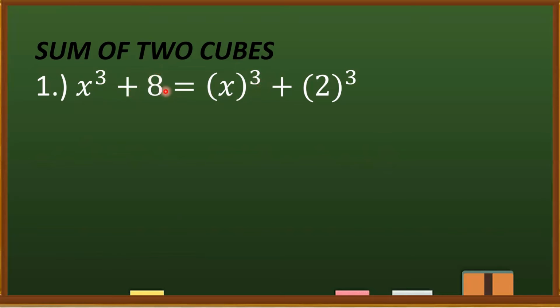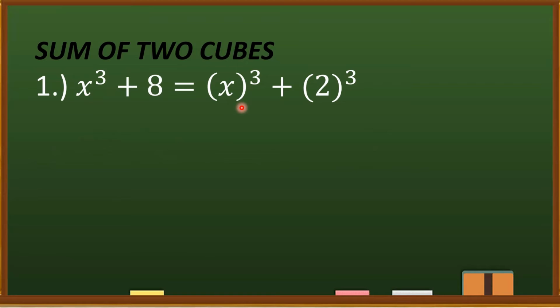Okay, and then yung cube root of 8, that is 2. We just get the root of 8, which is 2. Bakit natin kinuha pa yung root ng x cubed and 8? Para hindi tayo mahirapan pag-identify ng value ng a and b.